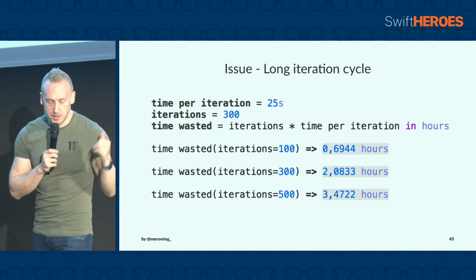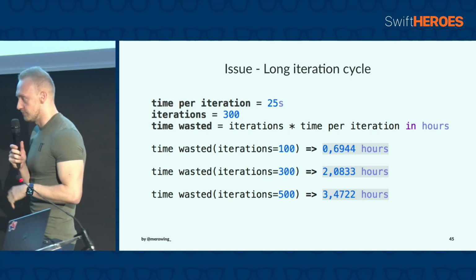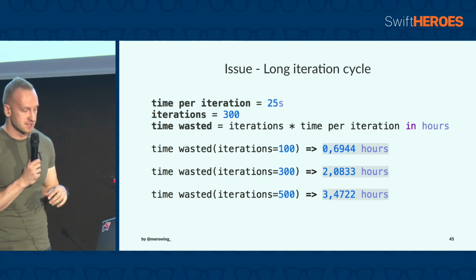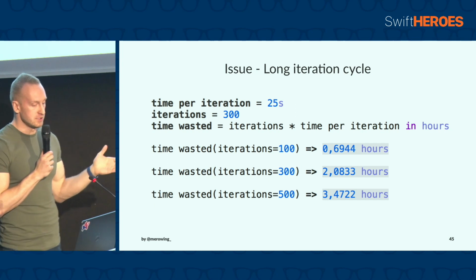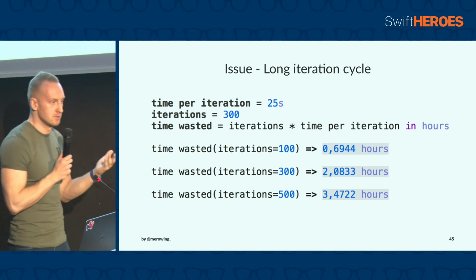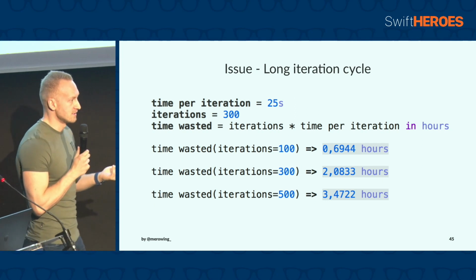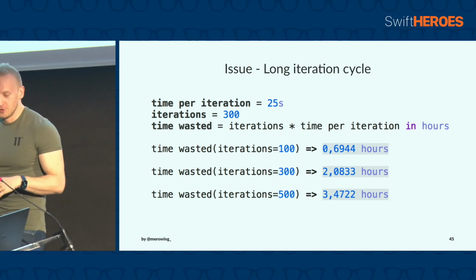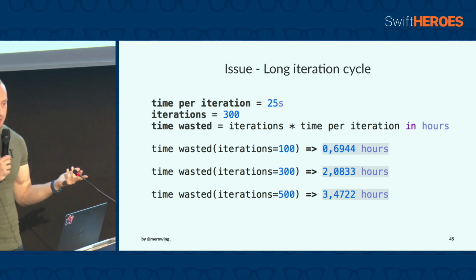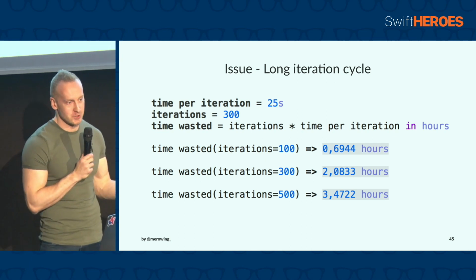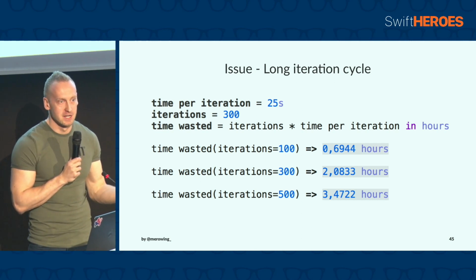So you see the amount of time you're wasting just waiting for the restart of your cycle. If you do 100 iterations, it's already 0.7 of an hour. I don't know what it is, like 40 minutes. If you do 300, it's 2 hours wasted just waiting for Xcode and waiting for the restarts. Quite significant.